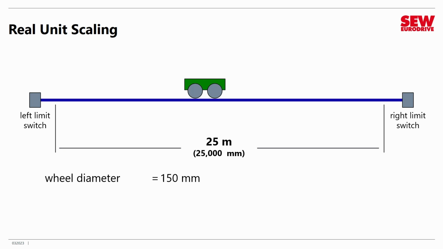That means to know the linear distance one turn of the wheel makes, we need to know the wheel circumference. And of course, we calculate that with our old friend, pi times d. We multiply 150 millimeters times 3.14, and that gives us a circumference of 471 millimeters. If we turn that wheel one rotation, we're going to move 471 millimeters across the track.